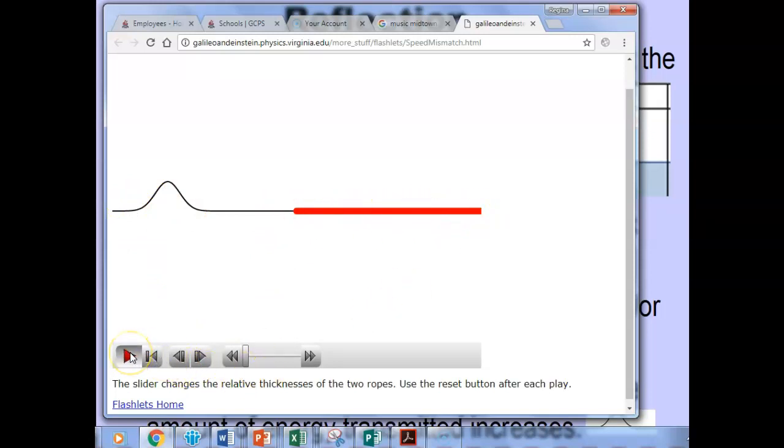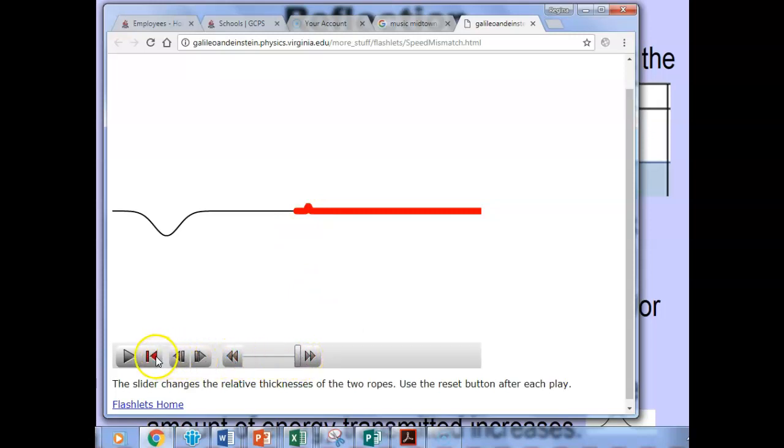So let's see what happens now when they come in contact. Okay, so the majority of that energy is reflected, and we see just a little bit is entering into the new medium. So we don't know if that energy is going to be transmitted or if it's actually going to be absorbed by that matter.